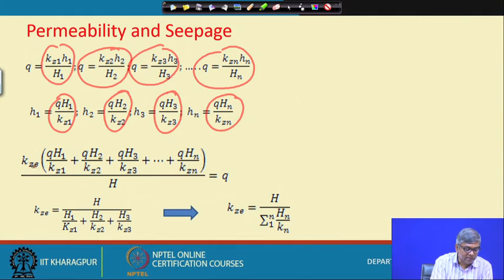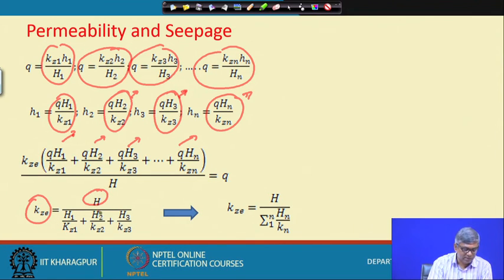In the previous slide I showed head loss h1 plus h2 plus h3 plus hn, so I substitute h1 from here, h2 from here, h3 from here, hn from here, and then simplify.